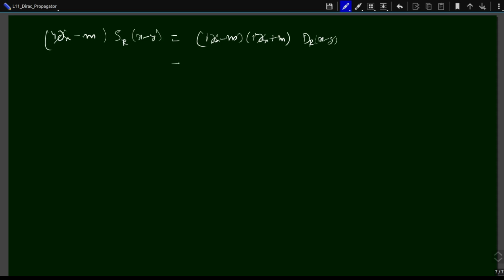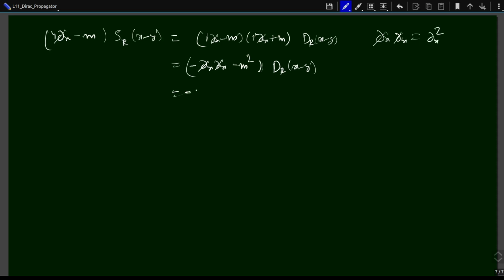And this just becomes minus del x slash squared minus m squared, and the cross terms cancel, acting on D_R of x minus y, and del x slash squared will be del x squared.